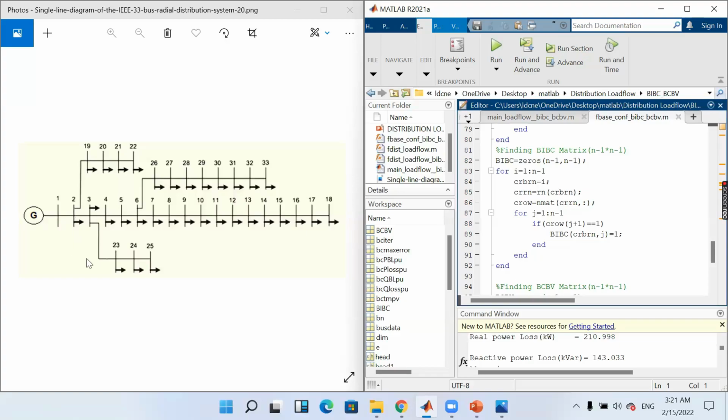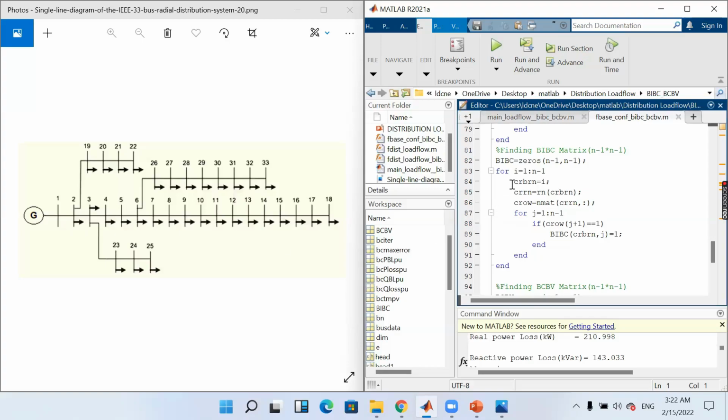In simplified version, we can say that the interrelation between branches and the current injection to the buses can be found easily by finding the receiving end of that branch, copying that row corresponding to the receiving end bus, and summing each current injection corresponding to that row having value 1.